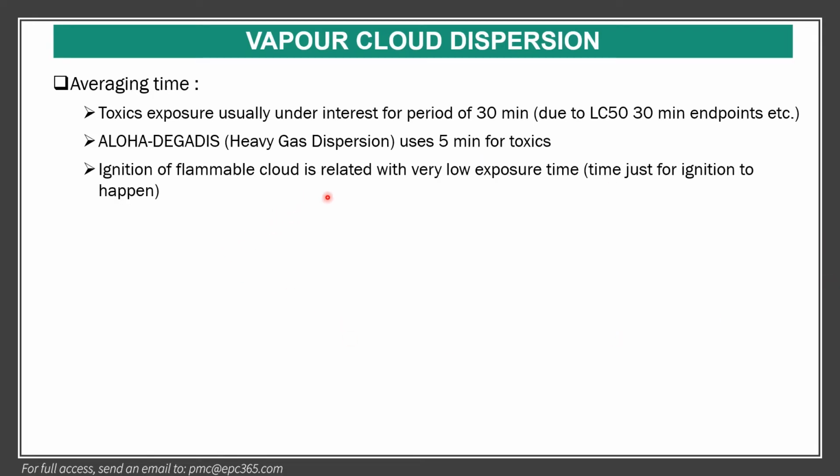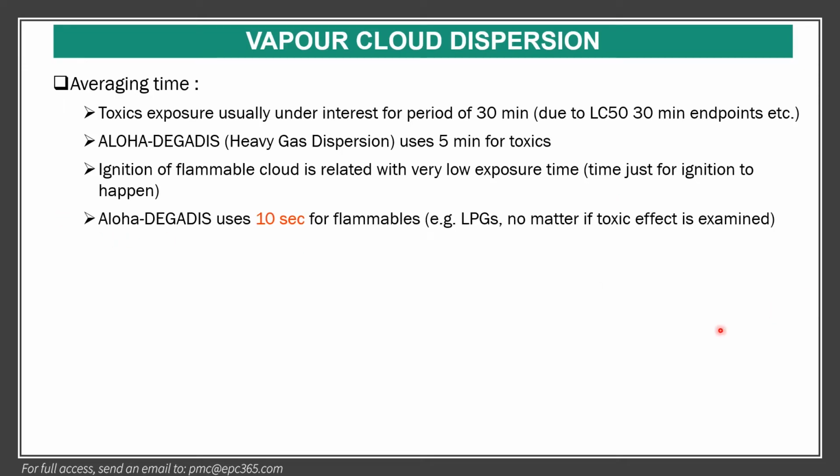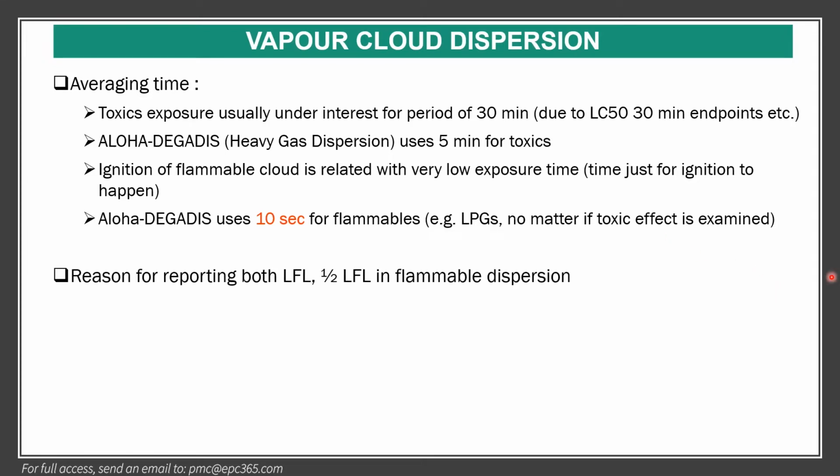Ignition of a flammable cloud is related to a very low exposure time, just the time for ignition to happen. And ALOHA Degadis uses 10 seconds for flammable, especially LPG, no matter if the toxic effect is examined. And that is the reason for reporting the LFL and half of the LFL in flammable dispersion. So we use half of the LEL. The reason is averaging time.